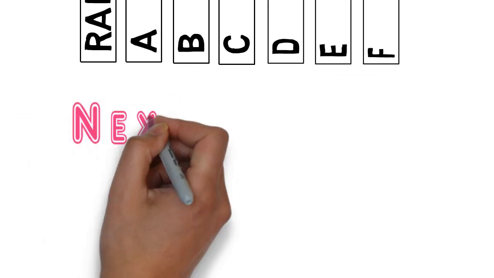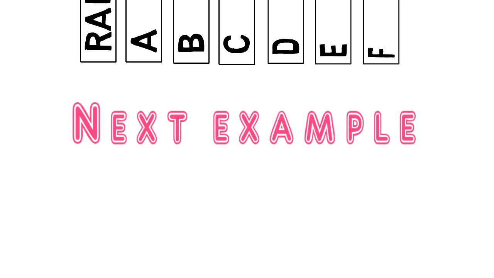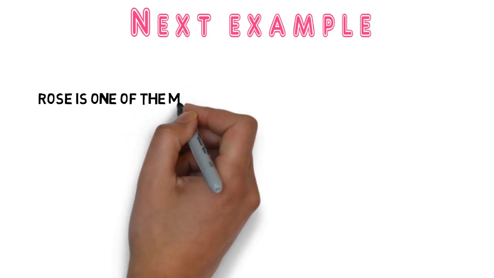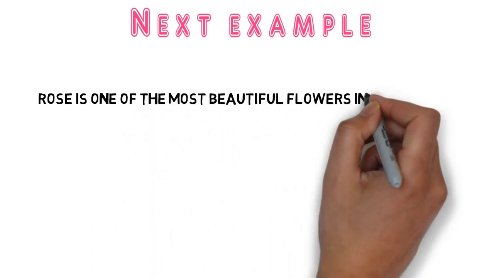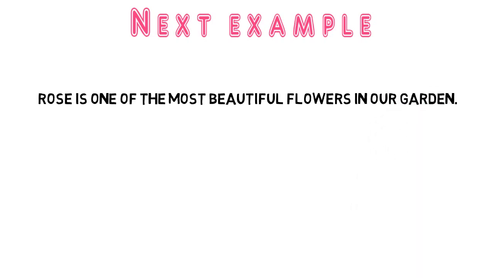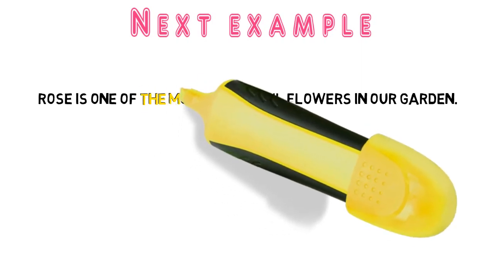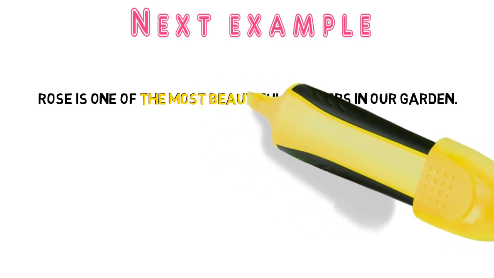Look at the next example, one more example, last one. We shall take example that we have already seen. Rose is one of the most beautiful flowers in our garden. So look at this, rose is compared with many other flowers. Okay, so what is the adjective? The most beautiful. So the most beautiful is superlative degree.